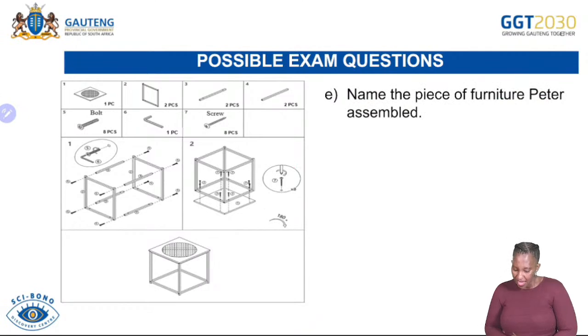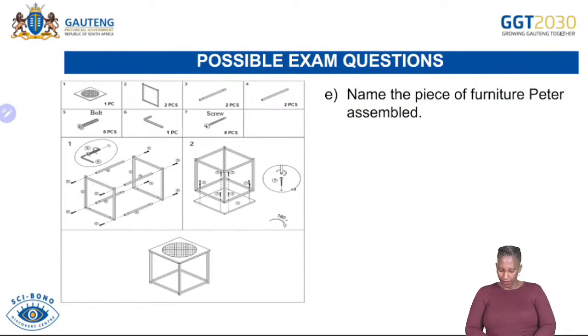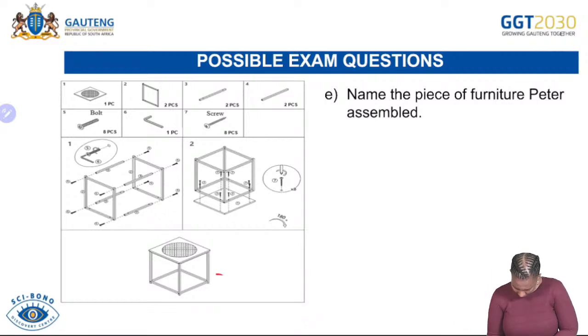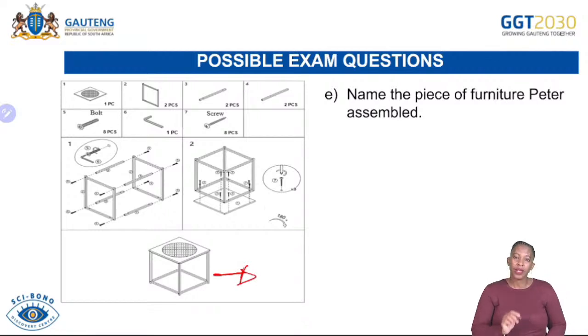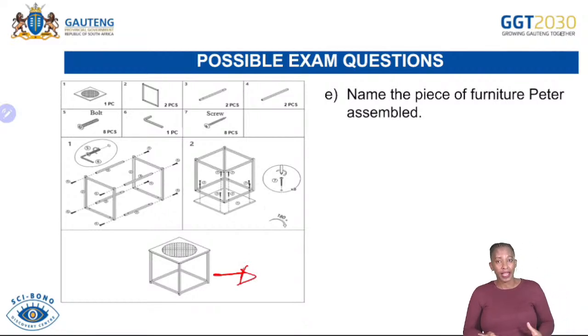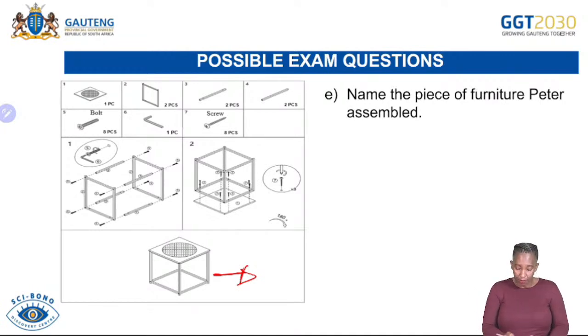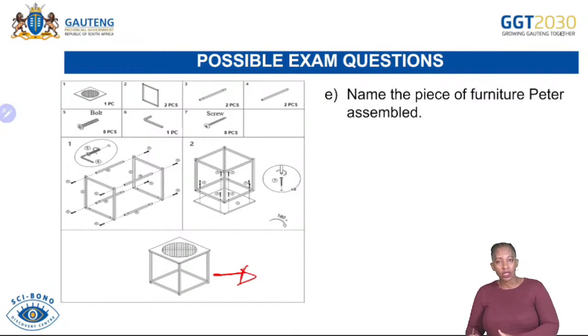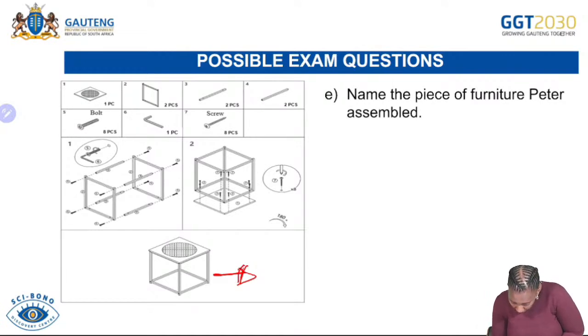Now it says, name the piece of furniture Peter assembled. This one now. Remember, all this, Peter was busy putting it together to make something. When he was putting these pieces together, he wanted certain desired outcomes. Now, those desired outcomes, these are the results. Now, what do we call this now?